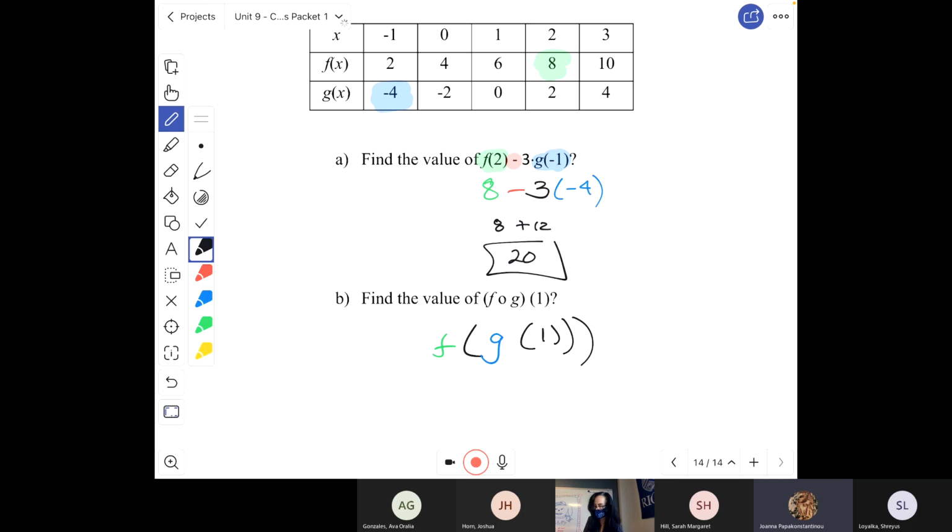Okay, so I'm evaluating what first? G of 1. What's g of 1? Okay, so then I need to evaluate f at what? 0. F of 0 is what? F of 0 is 4.